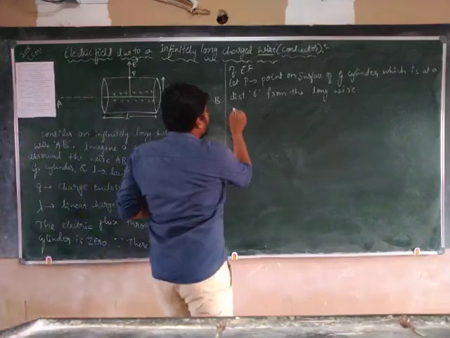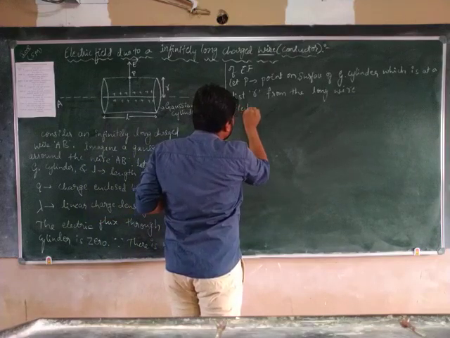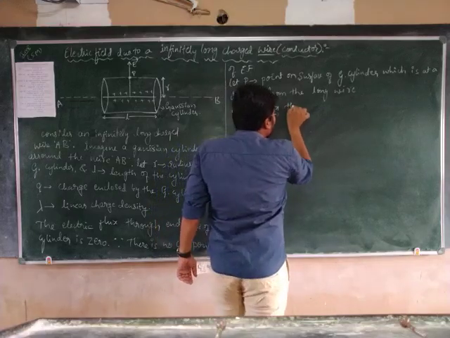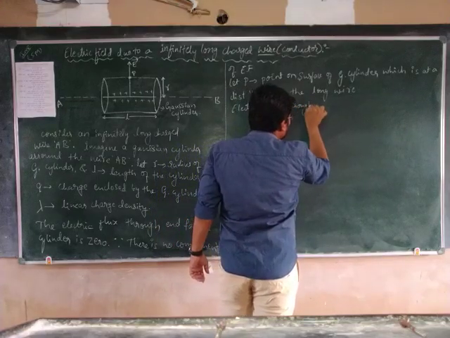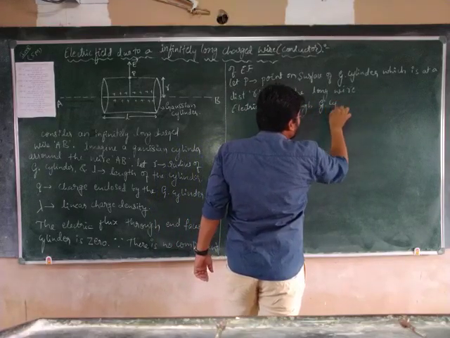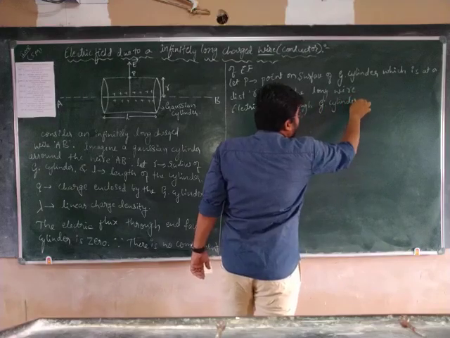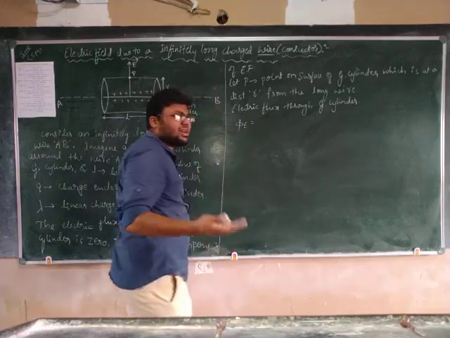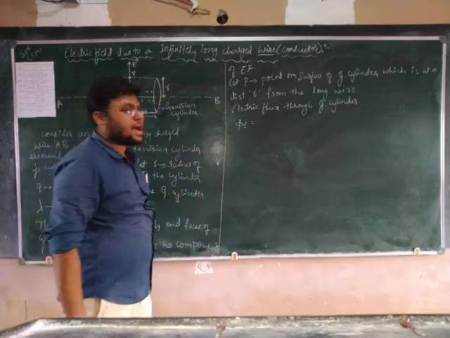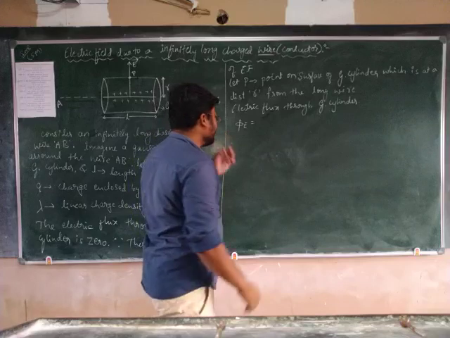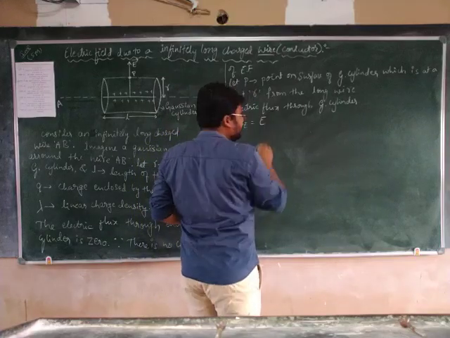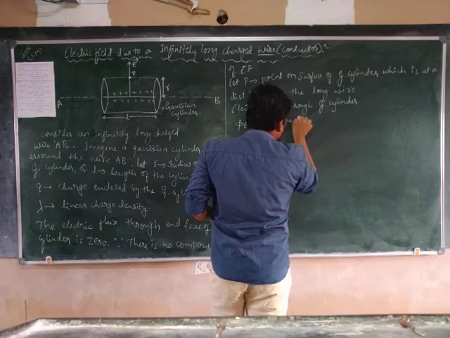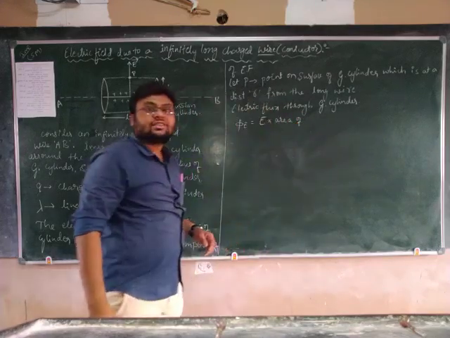So electric flux through Gaussian cylinder. So that is phi E. Now simply you can write phi only. Phi, that is electric flux, is equal to electric field into area of Gaussian cylinder.